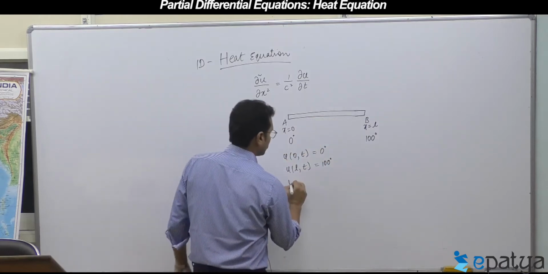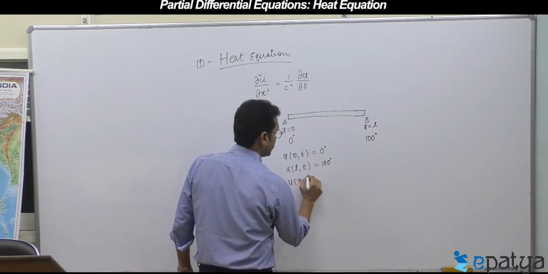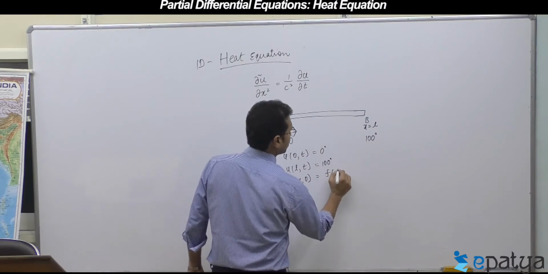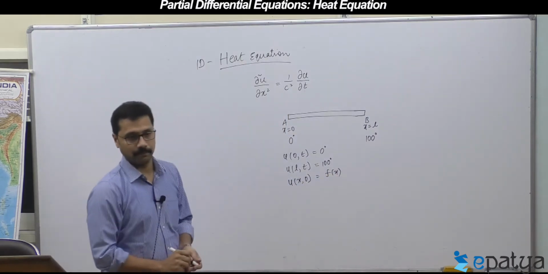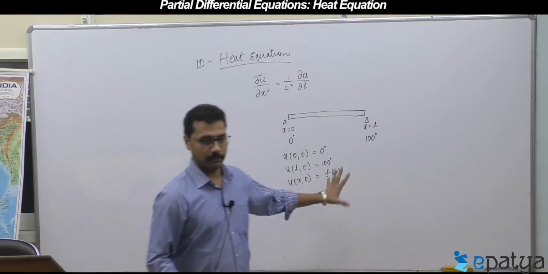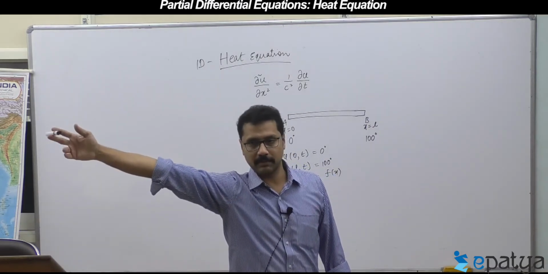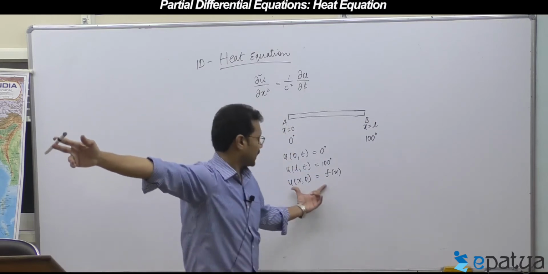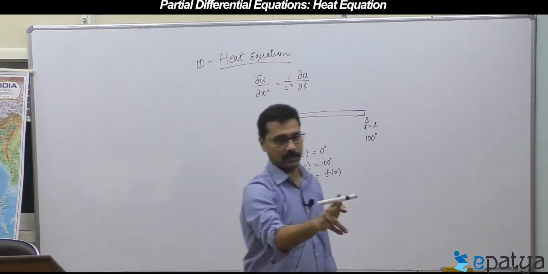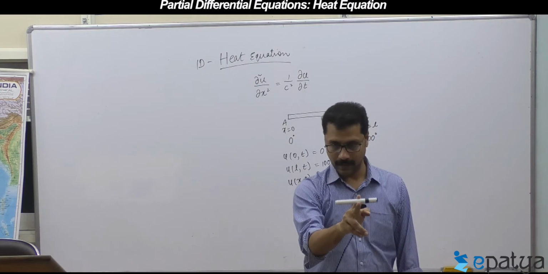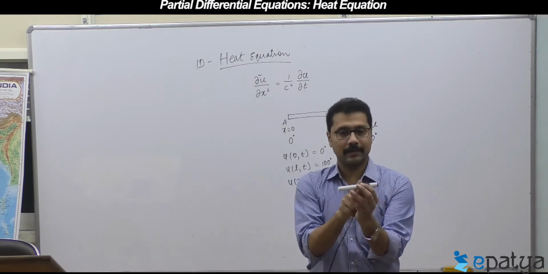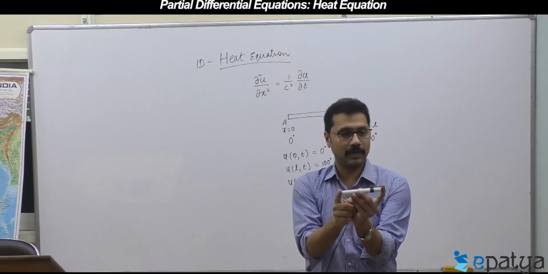At time T equal to 0, U of x comma 0 is some f of x temperature distribution. The meaning of this is, a rod outside has already got some temperature distribution f of x at time T equal to 0. Suddenly it is brought inside, and different temperatures are maintained at both ends.